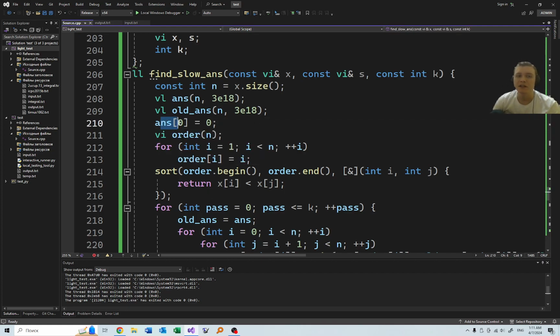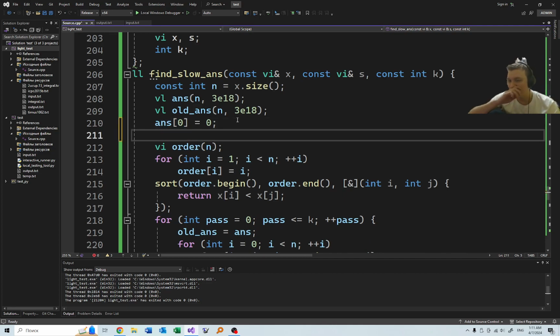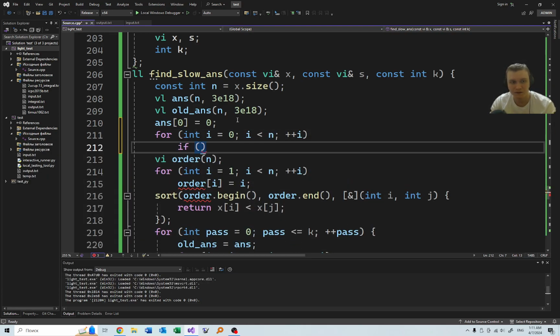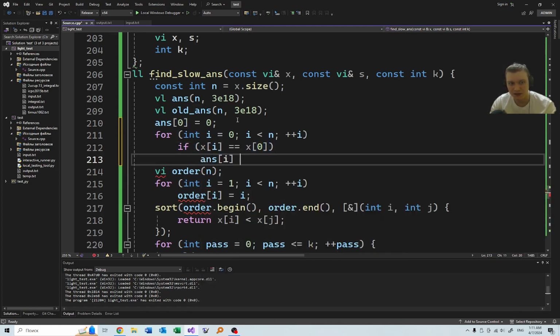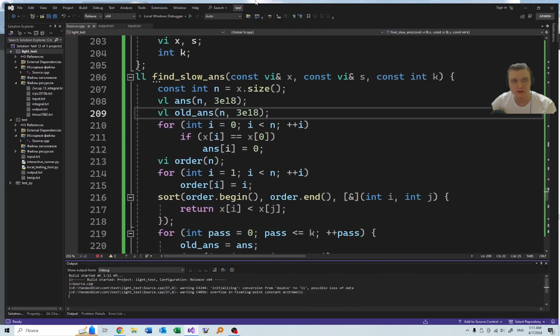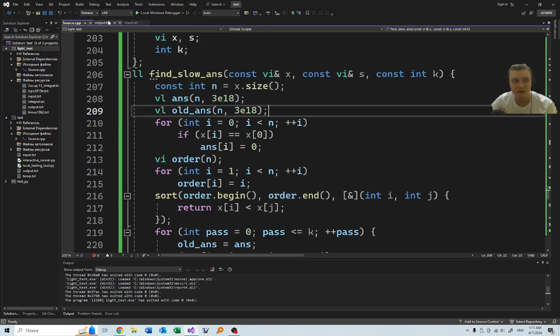I think we need to make ans 0 for all footballers who are in the same point as 0. So if xi equals x0, then ans I equals 0. Then it shouldn't fail this time.